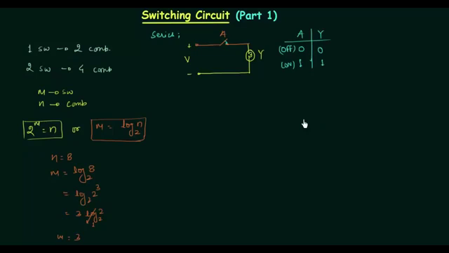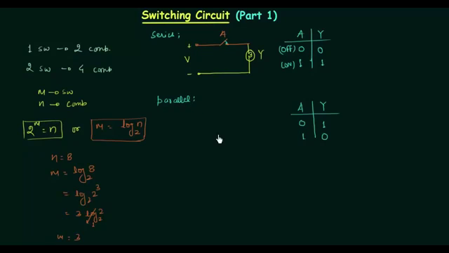Now I want to change the condition slightly. We will have a new table. When A is low, the output is going to be high. When A is high, the output is going to be low. And we will have a new circuit that will be a parallel circuit.